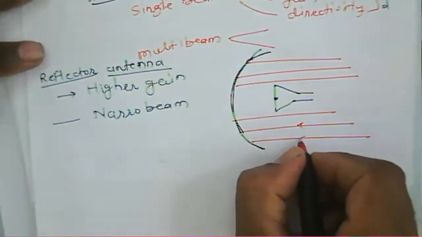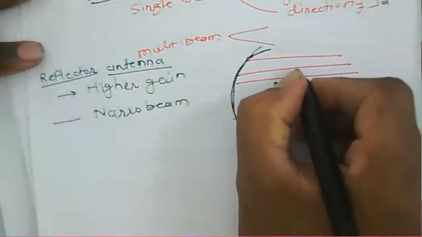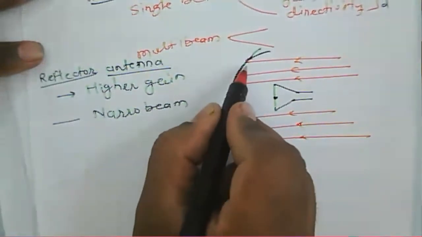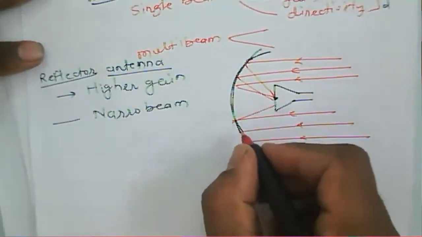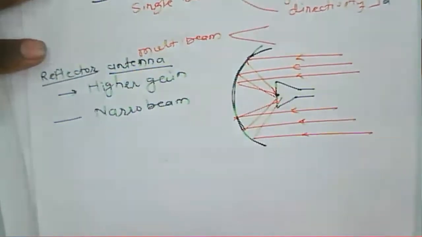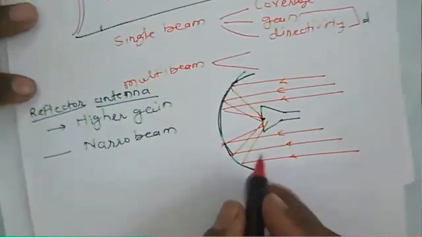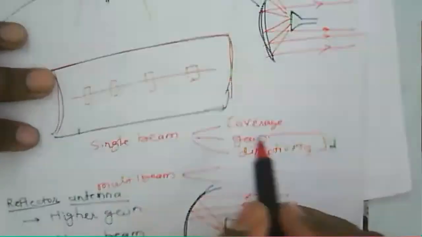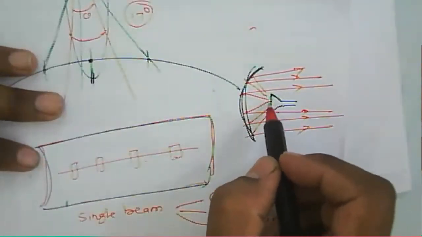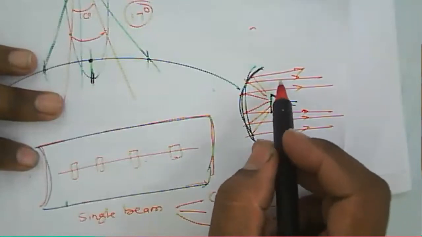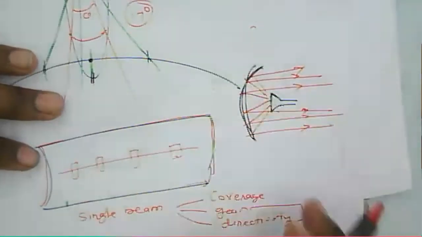Suppose in the case of receiving, all the incoming rays are reflected from this parabolic reflector, and they are all focused at the particular point. So that is about the incoming rays. But in the case of a transmitting antenna, all the rays come out from this horn antenna, and they will be reflected from this reflecting structure.